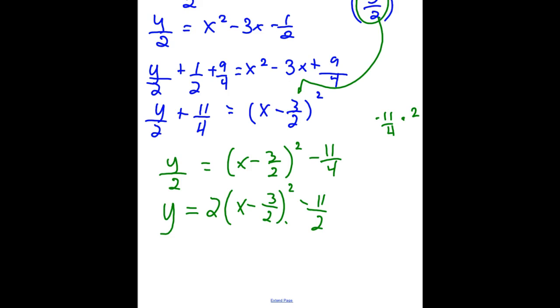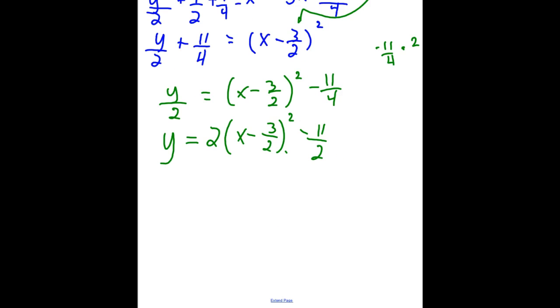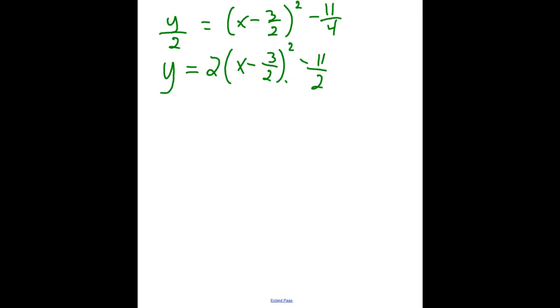Okay? Now, the other method, if we have, what did we have? Y equals, what was it, 2x squared minus 6x minus 1? Some people, knowing that that 2 is going to be in front, right? That's going to be that A value. They're going to leave it over on this side, on the right-hand side.